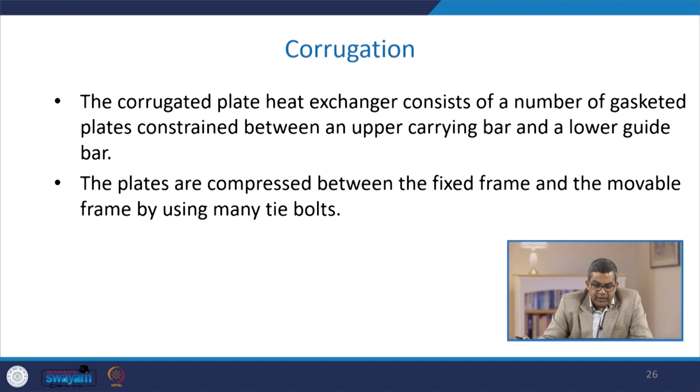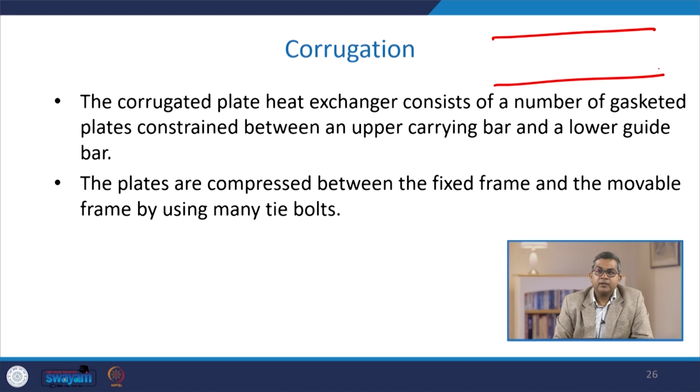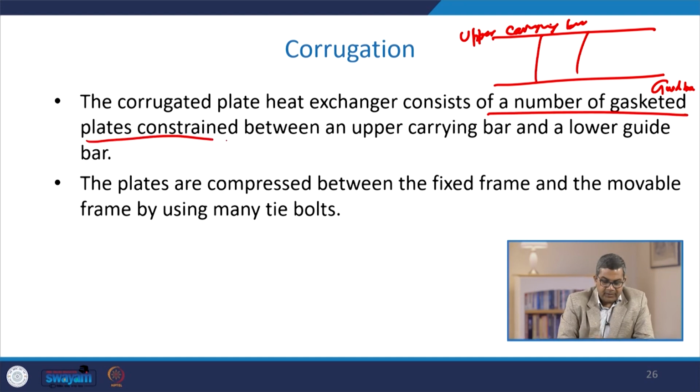Now the corrugated plate heat exchanger consists of a number of gasketed plates constrained between the upper carrying bar, if you recall the figure, and the lower guide bar. This is the lower guide bar and this is the upper carrying bar. So it depends on the number of gasketed plates constrained.